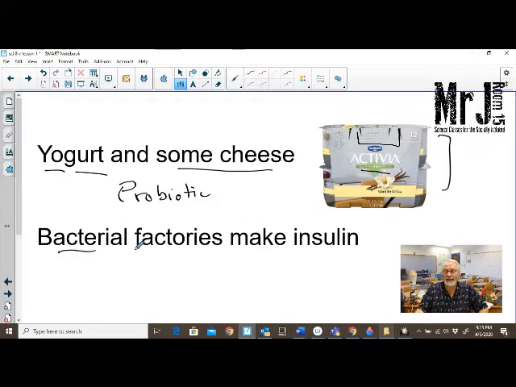Now, the interesting thing with some modern developments is that they make factories out of bacteria, or cause bacteria to become factories. And one of the first ones was to make the chemical insulin. You may have heard of diabetes. Diabetes is your body's inability to break down sugars. It needs a chemical called insulin for that to happen.